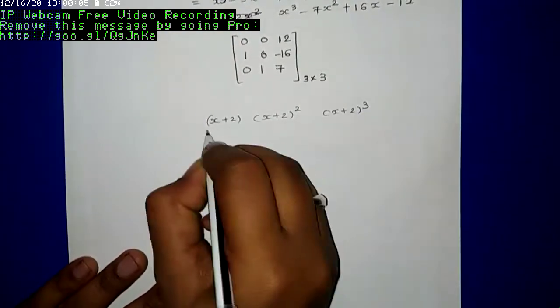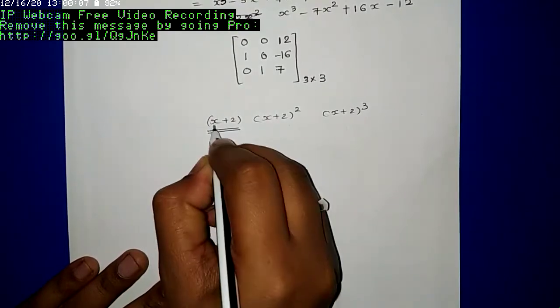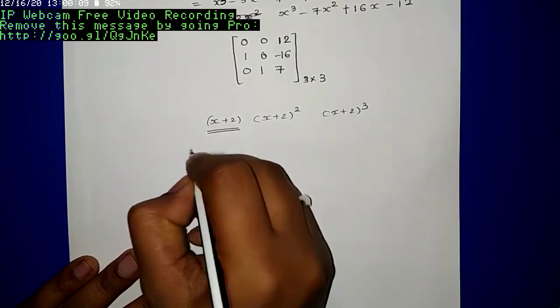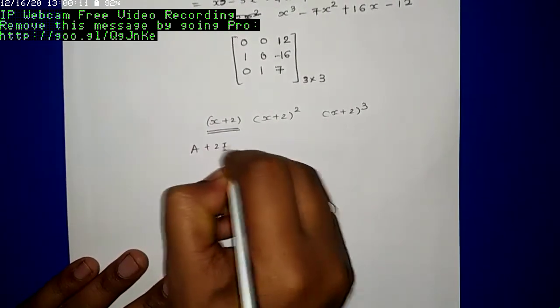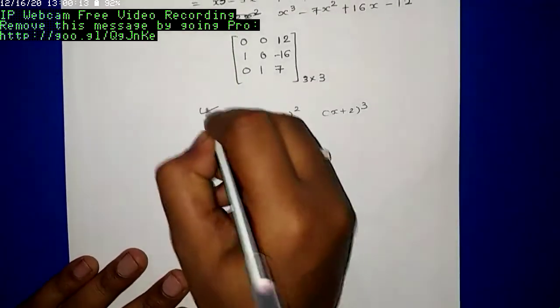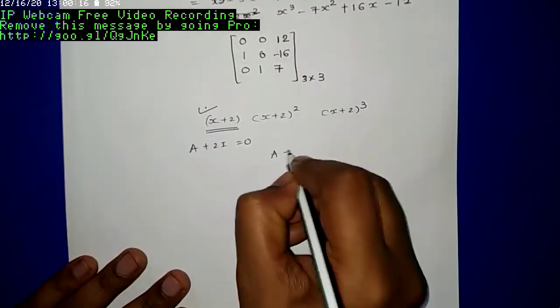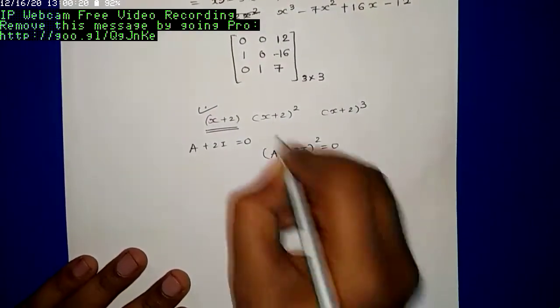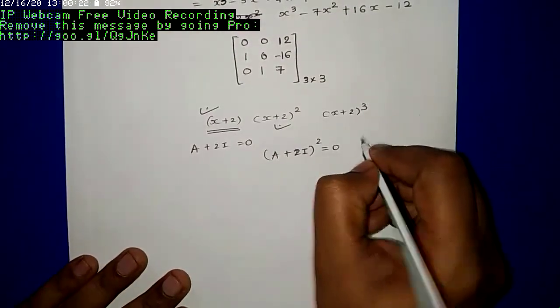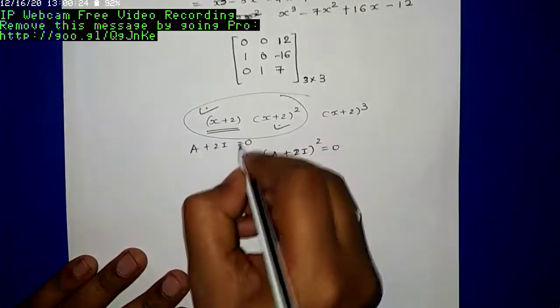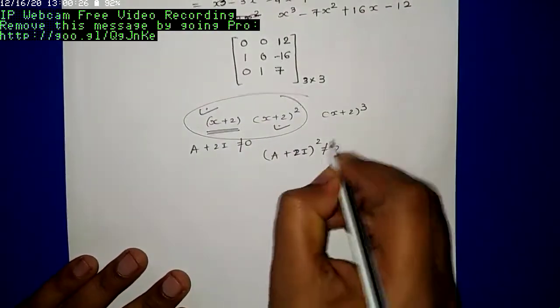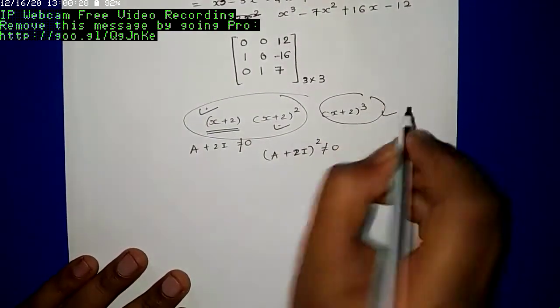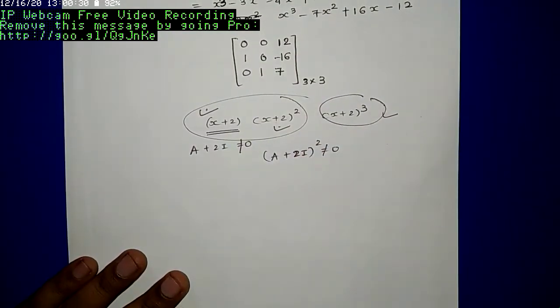And if we put A in place of x, and this equals 0, then this is your minimal polynomial. And if the earlier ones are not equal to 0, then the next is your minimal polynomial. If none of them works, that means C(x) equals m(x).